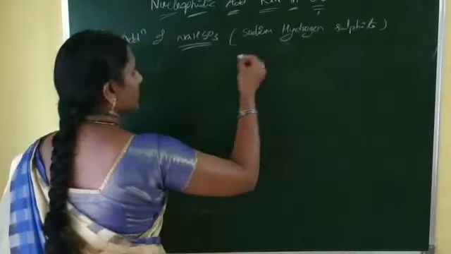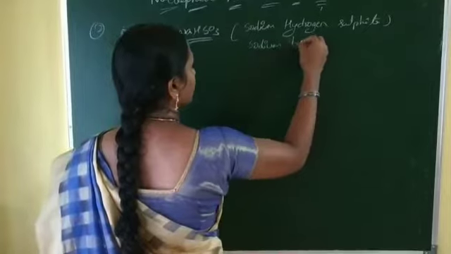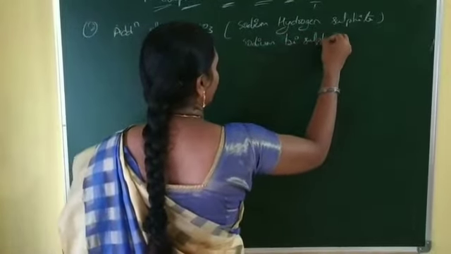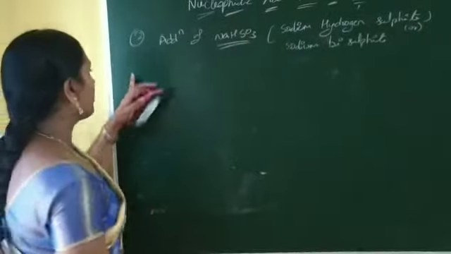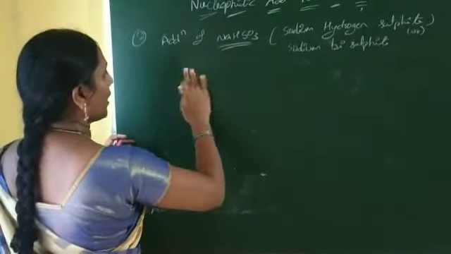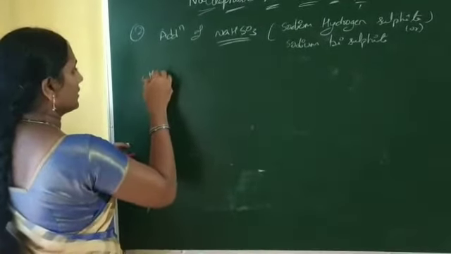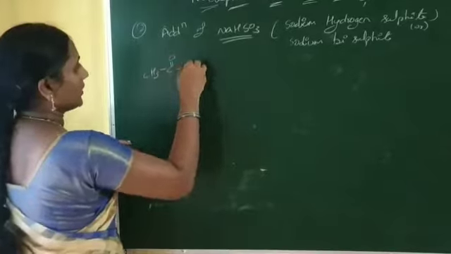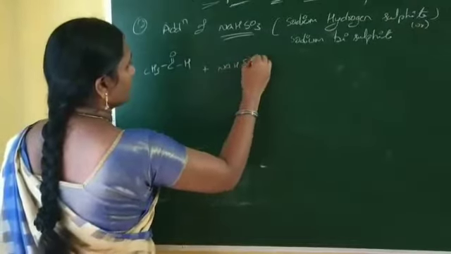Another name of this compound is sodium bisulfite. Now a carbonyl compound is treated with sodium hydrogen sulfite to form a carbonyl bisulfite. Now you take acetaldehyde, and acetaldehyde is treated with sodium hydrogen sulfite.